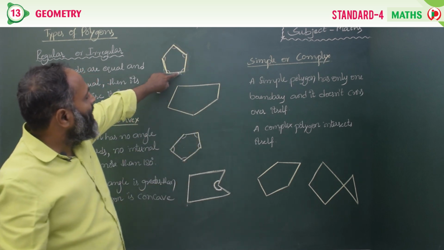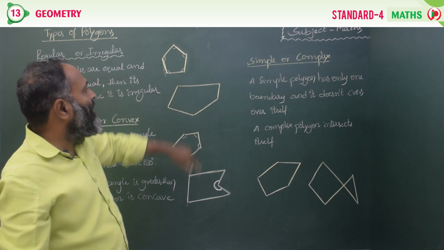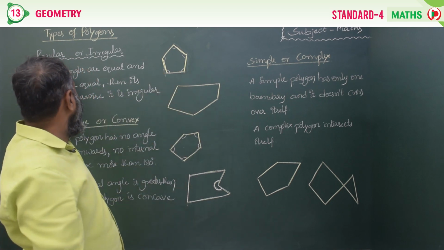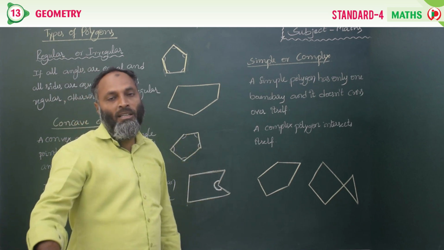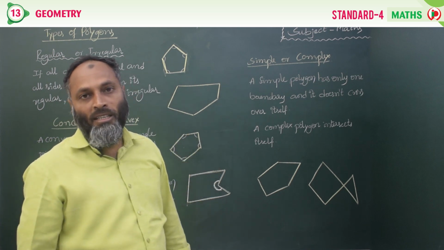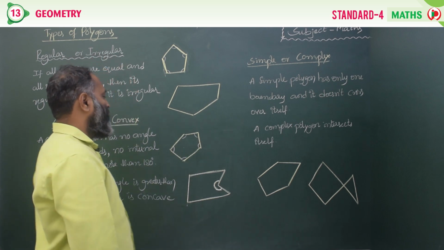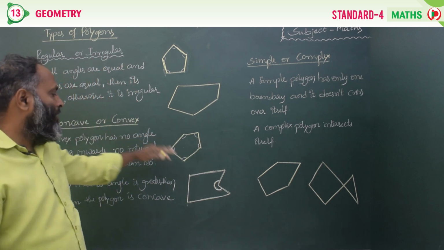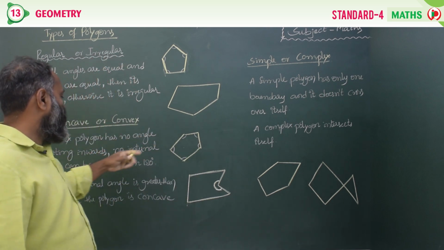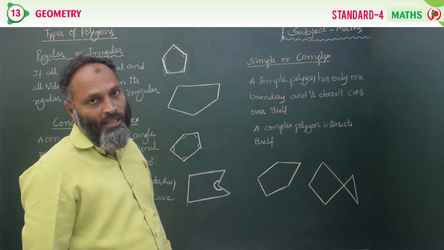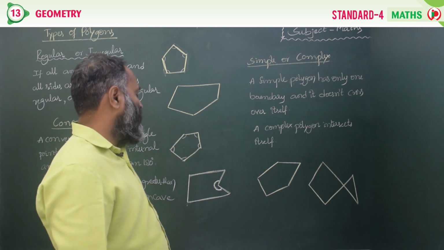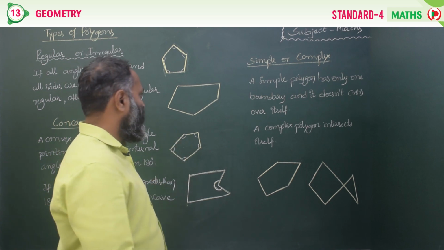If all the angles are equal and all the sides are equal in length, then that is regular. Irregular means irregular in shape: angles and sides are irregular. Now, this is about concave and convex. Convex means all interior angles are less than 180 degrees. If more than 180 degrees, then that is concave.